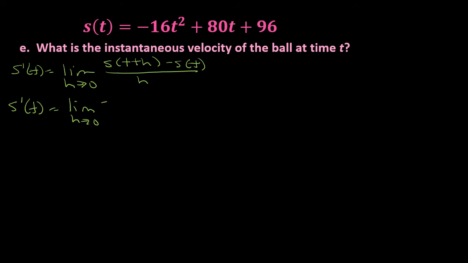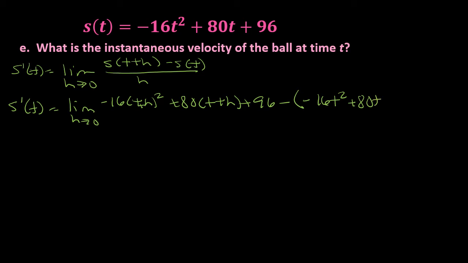I'm going to substitute in t plus h, negative 16 times t plus h squared plus 80 times t plus h plus 96. And then I'm going to subtract my original function. And that's all going to be over h. So I need you to hit pause. I need you to work this out. And when you are done, you can resume.